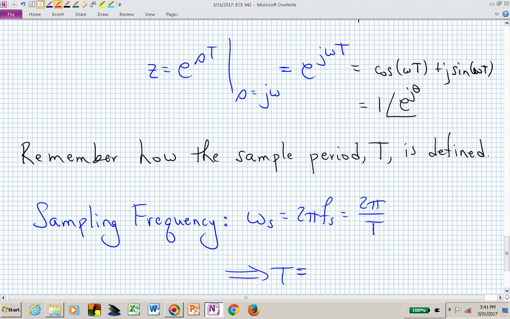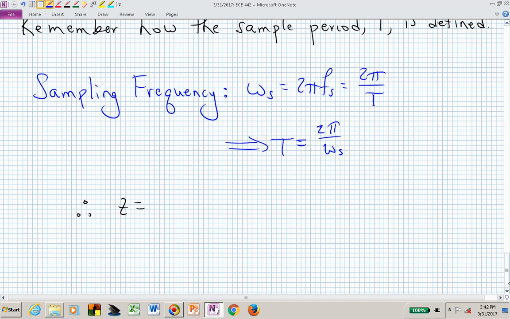We have the sampling frequency omega sub s, which is 2 pi f sub s, which is 2 pi over T. We can solve that for the sample period, so capital T is equal to 2 pi over omega sub s.